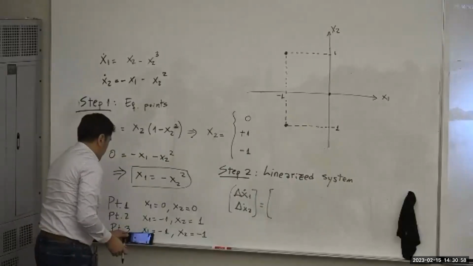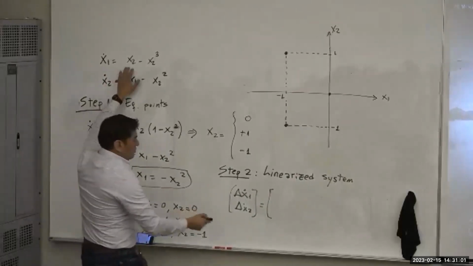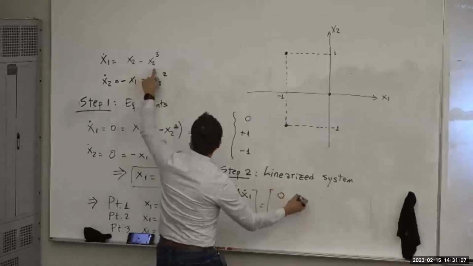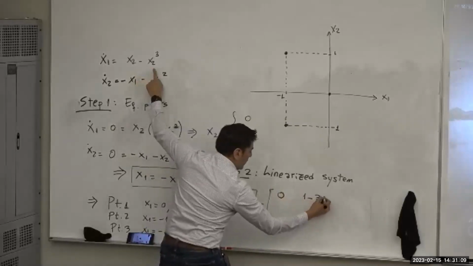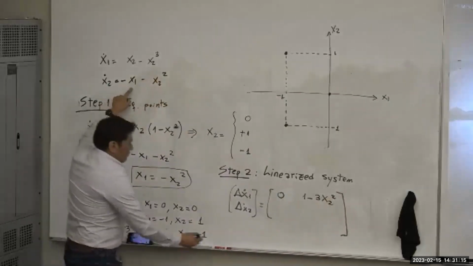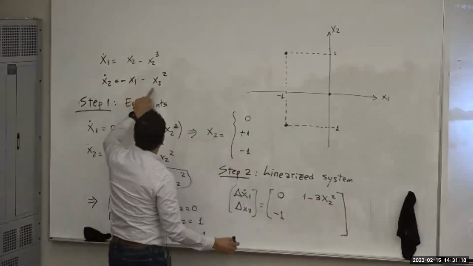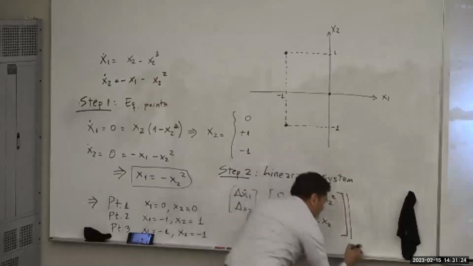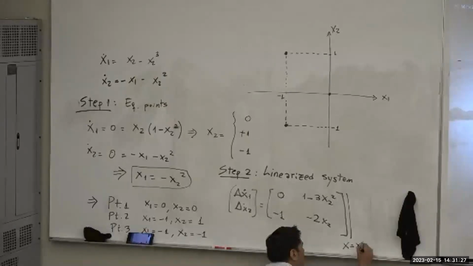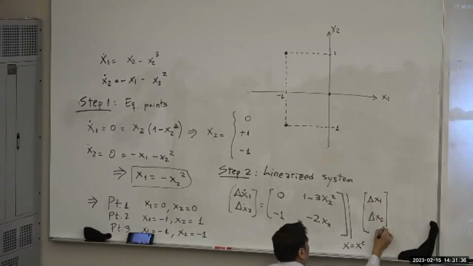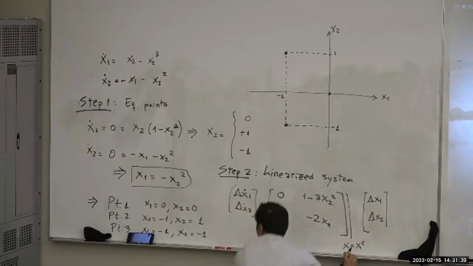The derivative with respect to x1 is going to be 0, and the derivative with respect to x2 is going to be 1 minus 3 x2 squared. The derivative with respect to x1 is -1, and with respect to x2 is -2x2. This matrix is evaluated when x is equal to the equilibrium point, and it is multiplied by delta x1 and delta x2. So that's the linearized model.